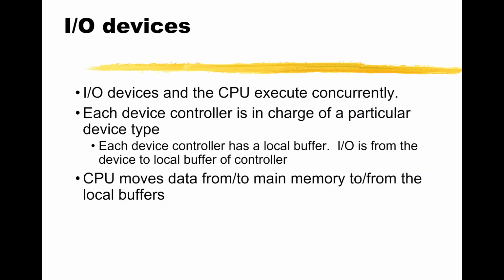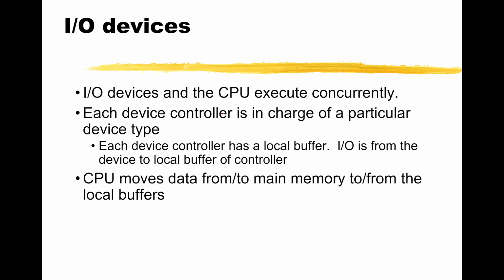I/O devices and the CPU execute concurrently, which means that they can work together. There's a possibility that while you are printing stuff, you could also be working on Excel, with some calculations going on. So the CPU is handling the spreadsheet calculations at the same time it's printing out for you.